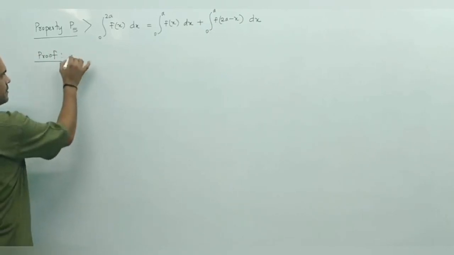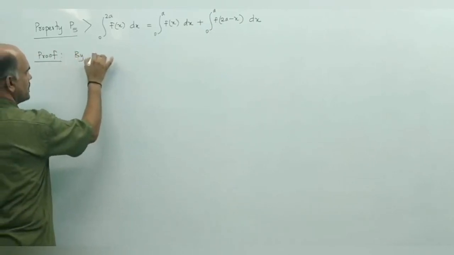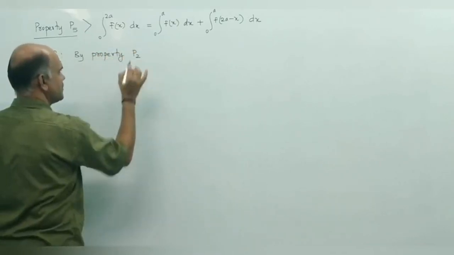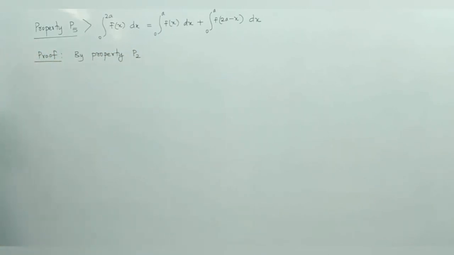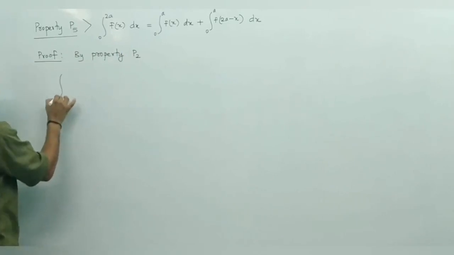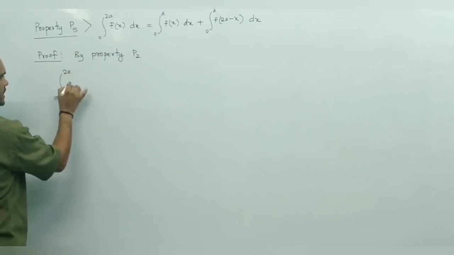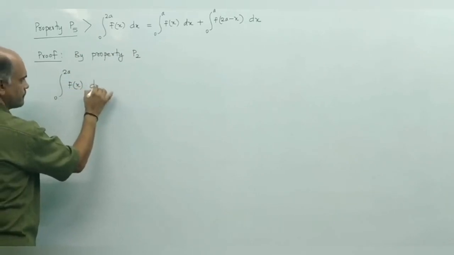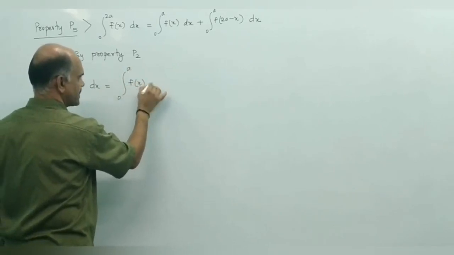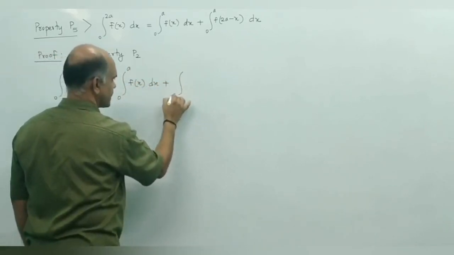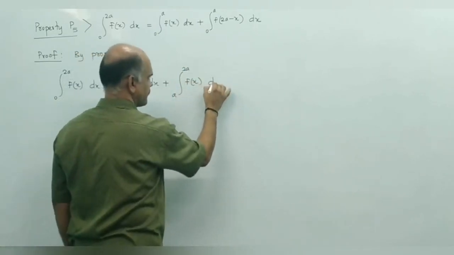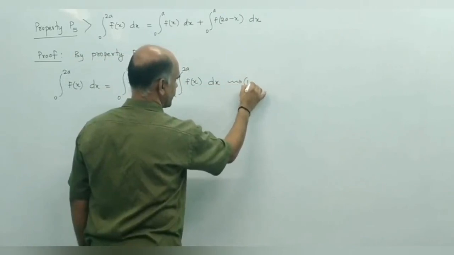Now for the proof, by property P2, that is the third property, if I take this LHS, 0 to 2a f of x dx, I can write it as 0 to a f of x dx plus integration a to 2a f of x dx. This is equation 1.